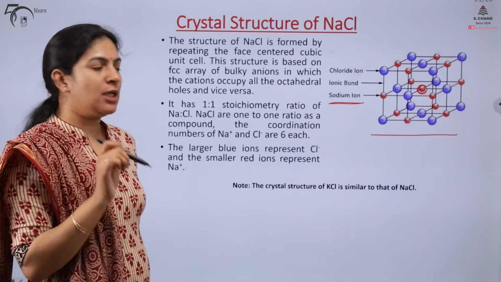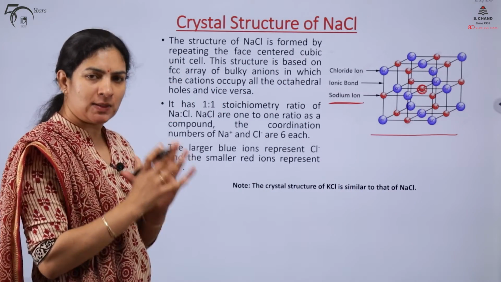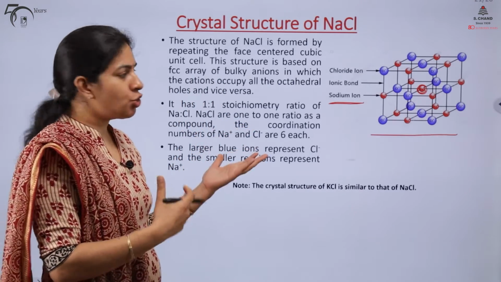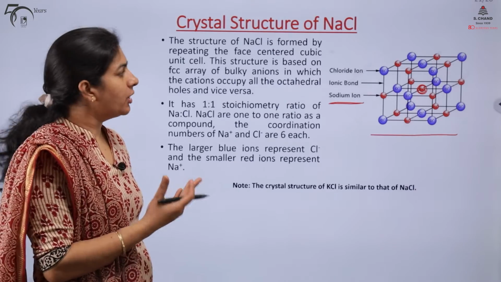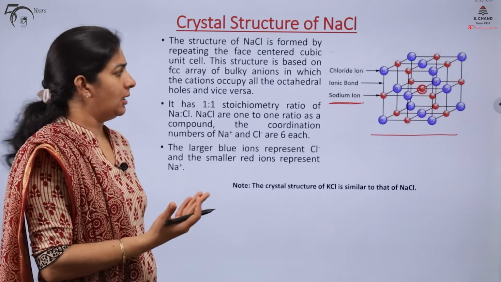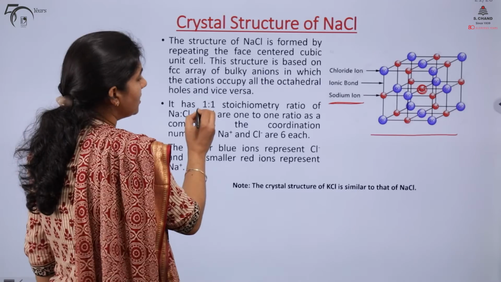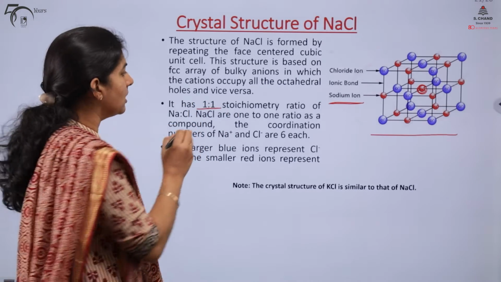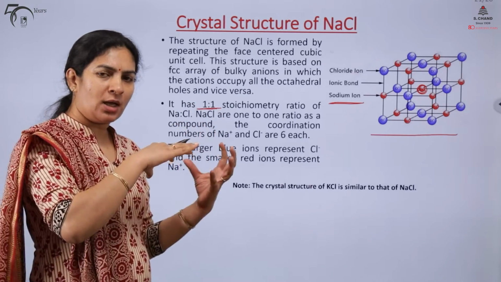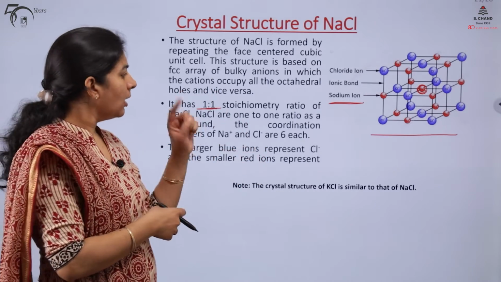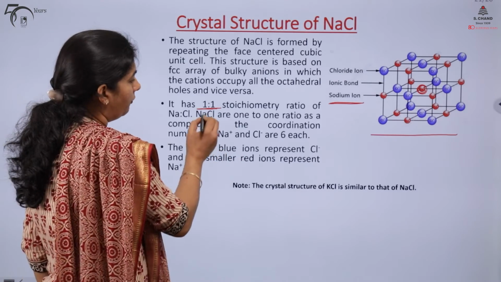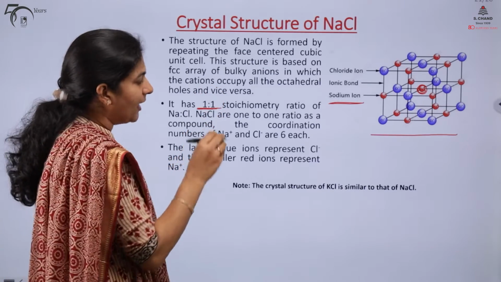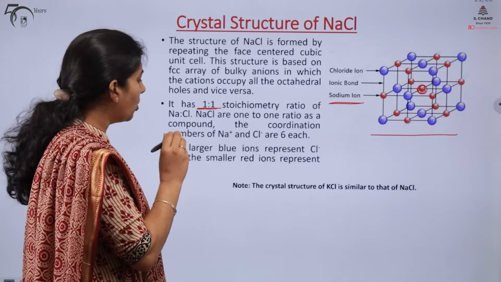So each sodium ion is surrounded by 6 chloride ions, and vice versa, each chloride ion is also surrounded by 6 sodium ions, and therefore what is the stoichiometry of this crystal? The stoichiometry is 1:1. 6 sodium ions, 6 chloride ions, in FCC fashion. So this explains the structure of the sodium chloride lattice.